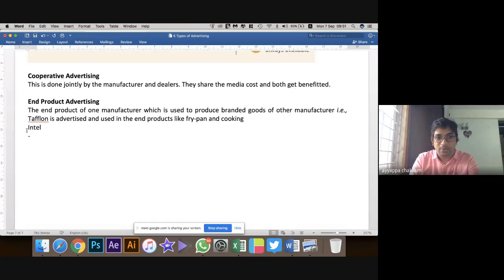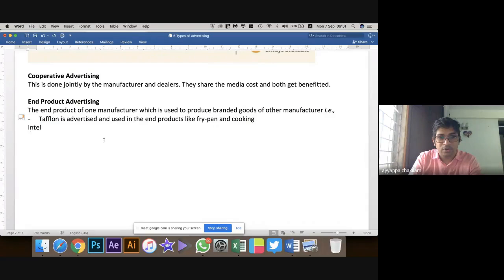You have Intel processors, but you cannot purchase an Intel processor on your own. Yes or no? If you want an Intel processor, what do we do? We have to purchase a laptop or a computer, and in there would be an Intel processor. That is end product advertising: the end product of one manufacturer is used to produce branded goods of other manufacturers.